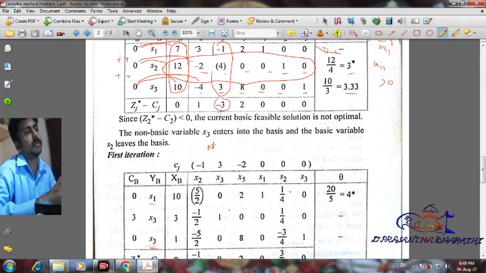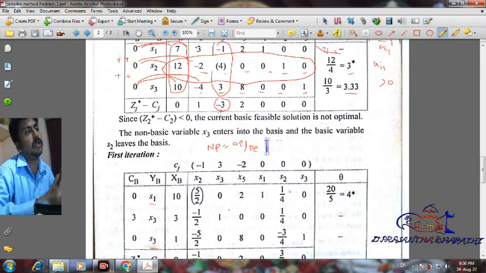See, I'm writing here new pivot equation equal to old pivot equation divided by pivot element.